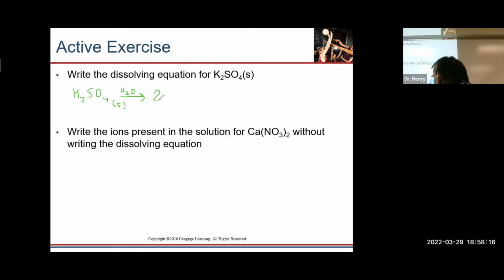Okay, so I'm going to have 2 K plus, AQ, and SO4 2 minus, AQ. Good job.